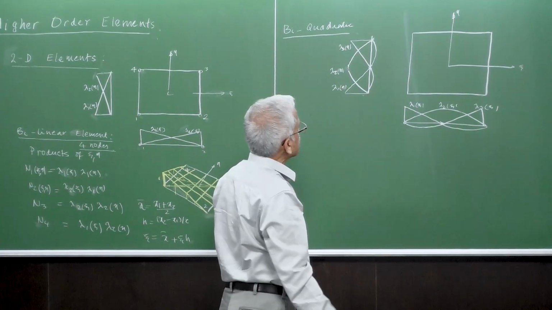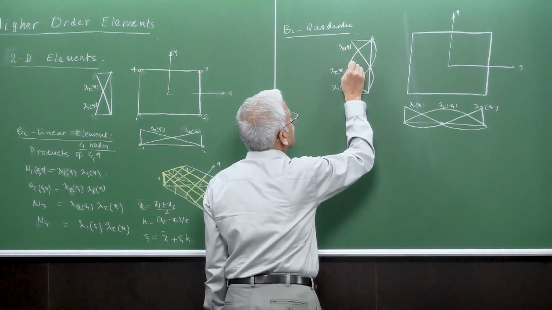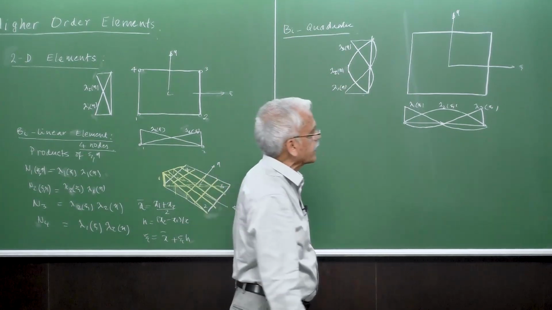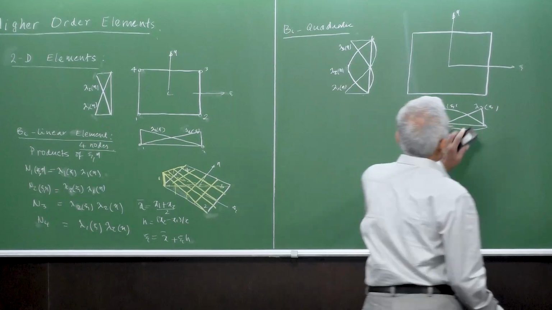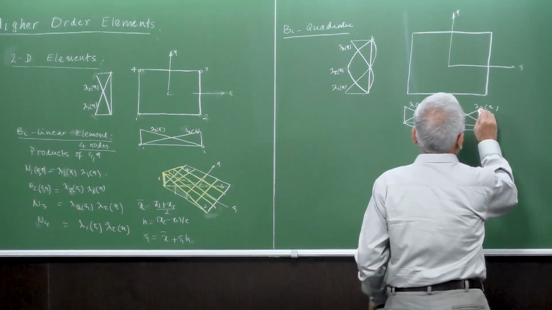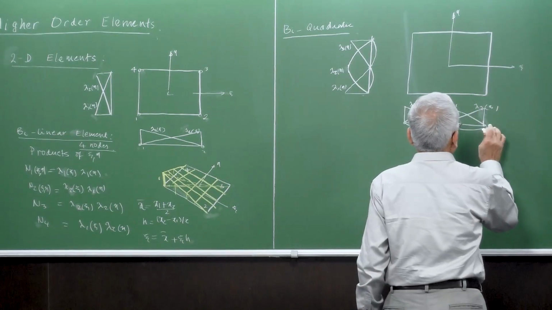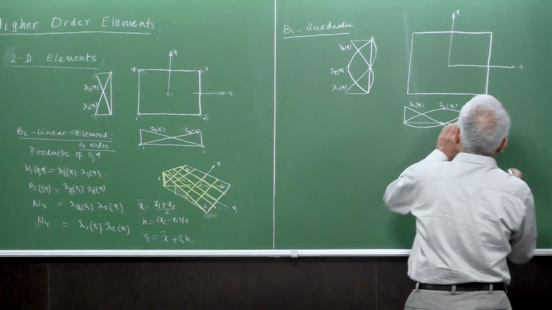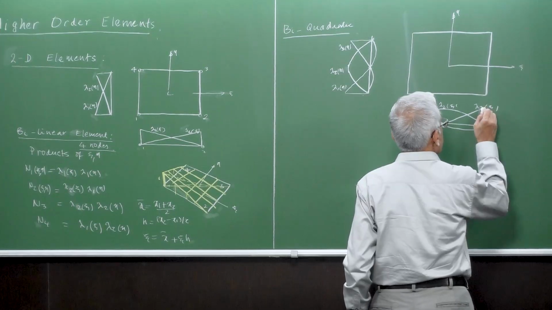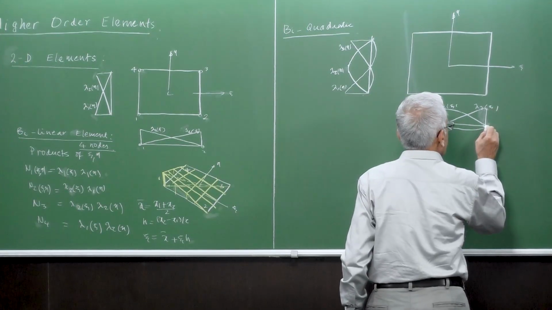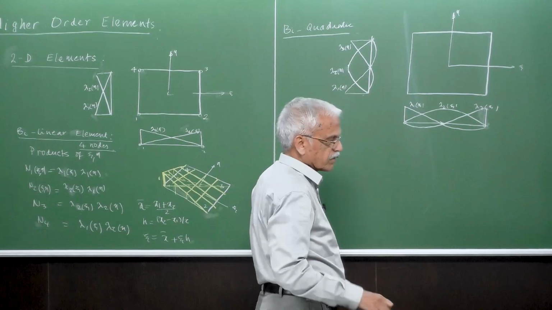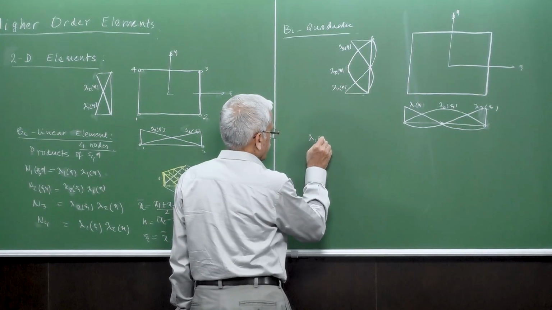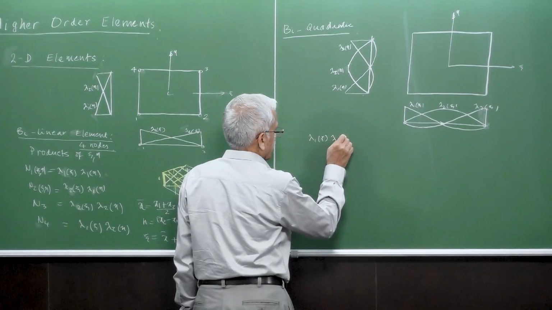So these are 3 in the y direction, and a product of all the possible things here. Product of all these things, for example, you can have lambda 1 xi, lambda 1 eta.